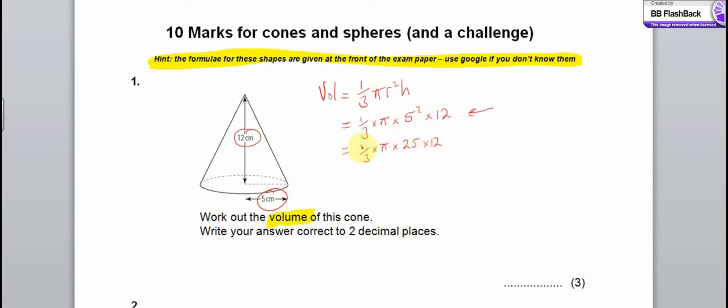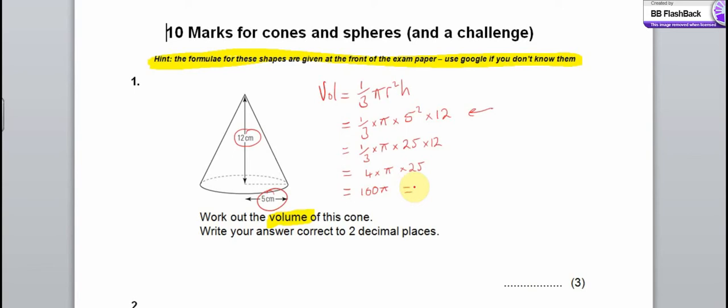Now you can't find a third of 25 easily, but you can find a third of 12. A third of 12 is 4, so you've got 4 times pi times 25. And you can do multiplications in any order. That's why I was quite at liberty to take a third of 12. 4 times 25 is 100, so you've got 100 pi.